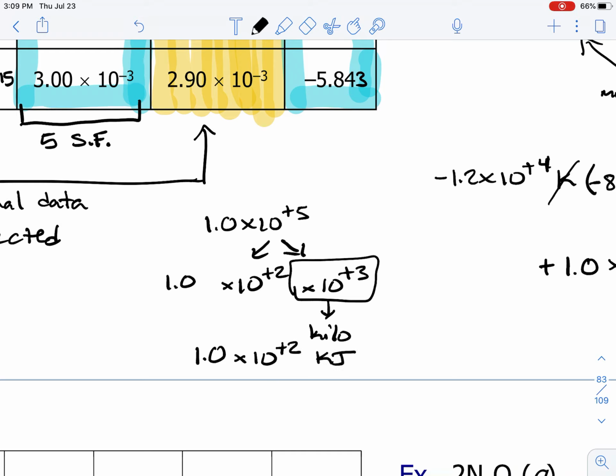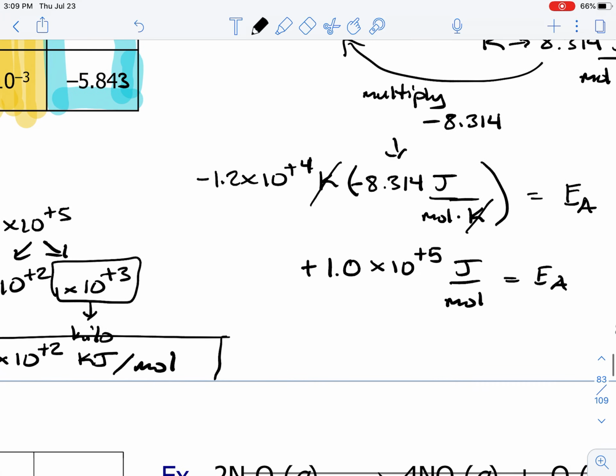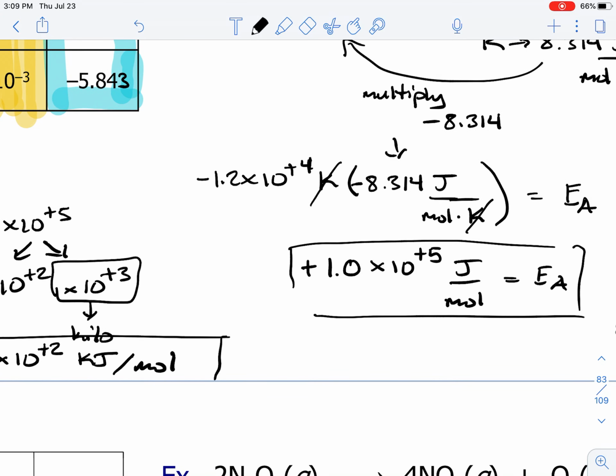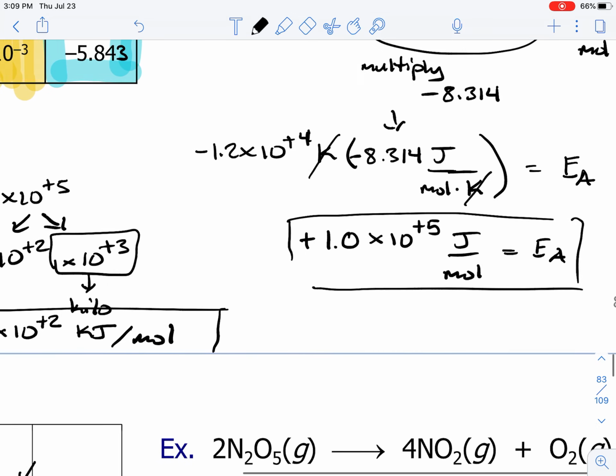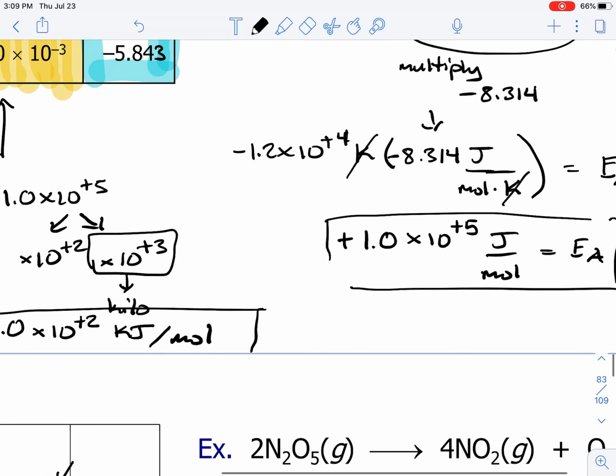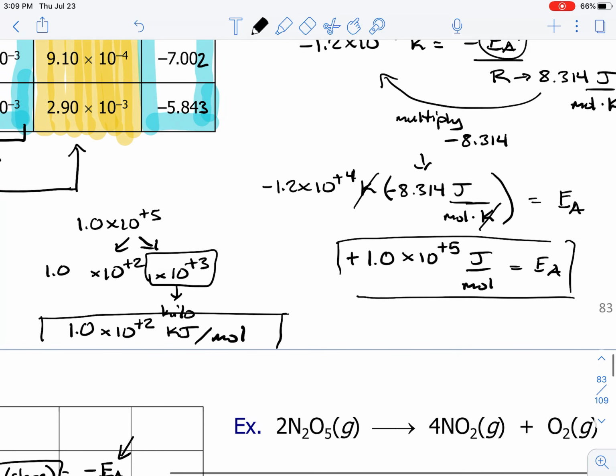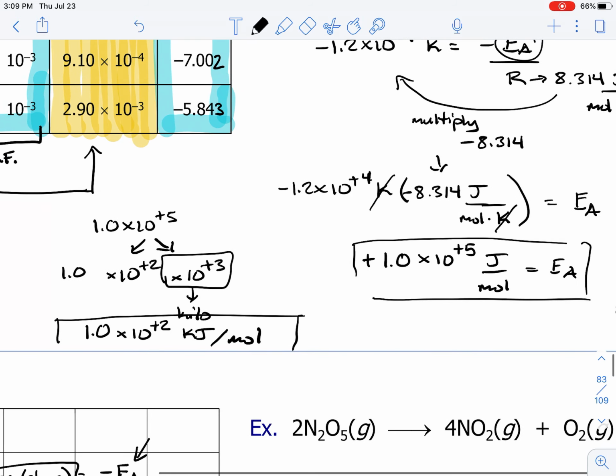And then you're going to get kilojoules per mole. So this is the answer in kilojoules per mole, and this is the answer in joules per mole. You guys can also do this through prefix conversions, something that you learned in first semester general chemistry, and you will get the same answer. So it's going to be 100 kilojoules per mole, or 1.0 times 10 to the positive 5 joules per mole.